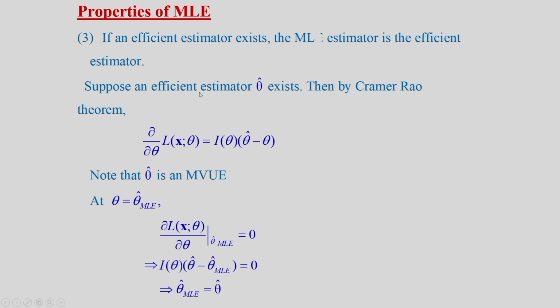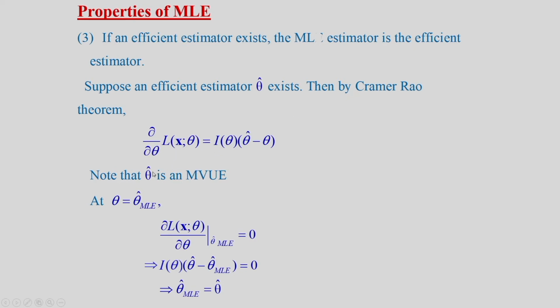We know that an efficient estimator satisfies the Cramer-Rao bound with equality, and if we apply the Cramer-Rao theorem, the condition for an efficient estimator is that the partial derivative of the log likelihood function, del L del theta, must be the product of I(theta) and theta hat minus theta, where theta hat is the efficient estimator. This is the condition we get from the Cramer-Rao theorem.